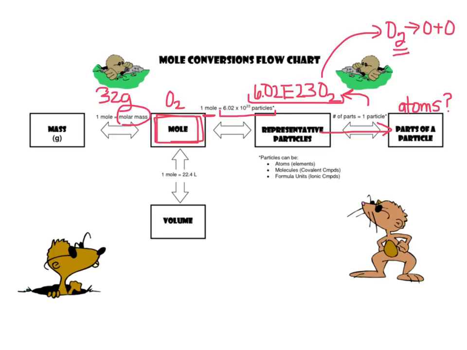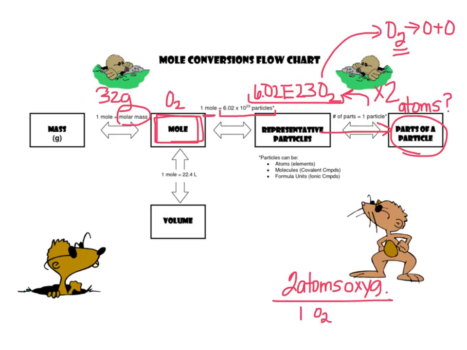So in theory, we could go another step, and if I wanted to know how many total atoms of oxygen I had, I could take that number and multiply it by 2. In other words, I have 2 atoms of oxygen for every 1 O2 molecule. So I would be multiplying by 2.